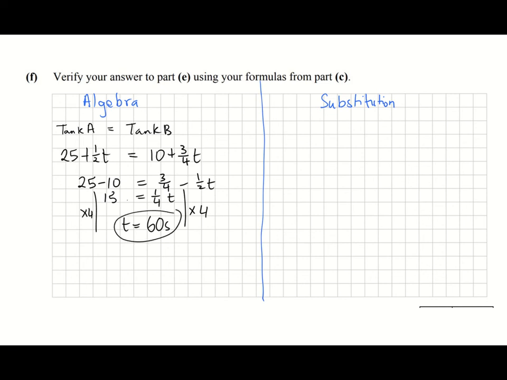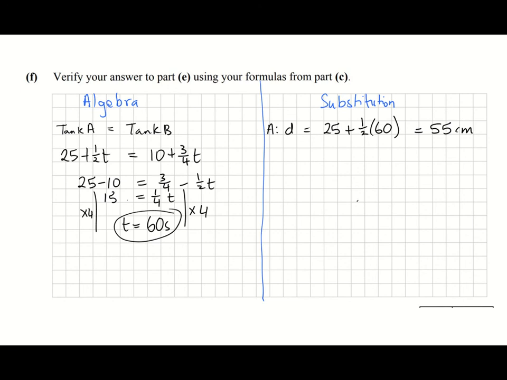The other way is by substitution. So just substitute 60 in for t in the formula. So in tank A, d is equal to 25 plus a half, and I'm going to substitute in 60. And I find that that equals 55 centimeters.